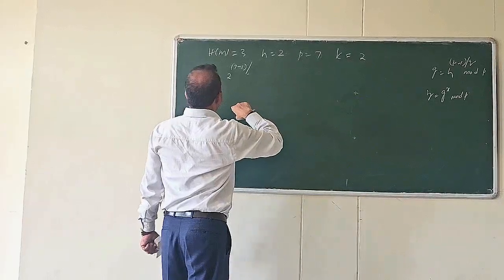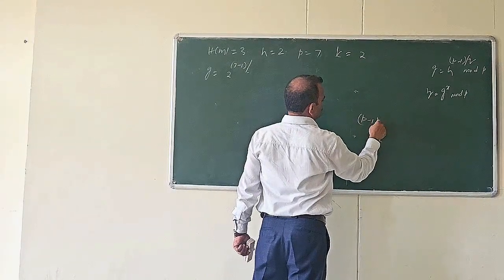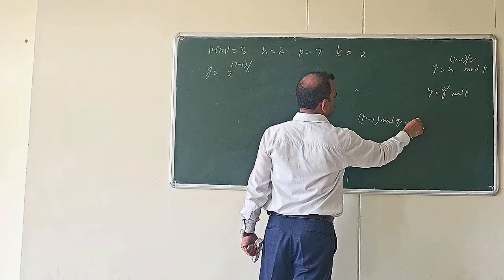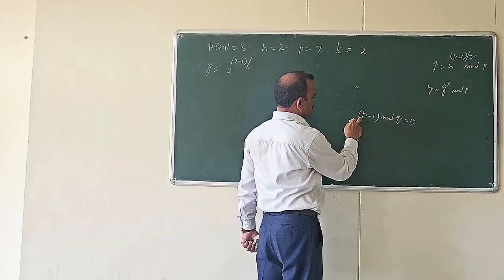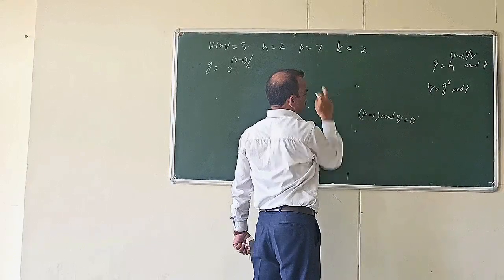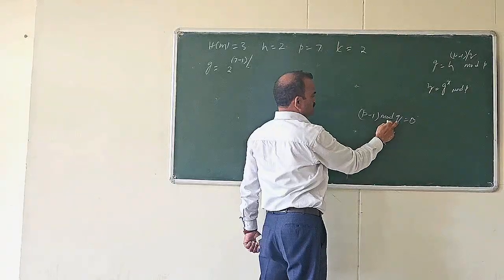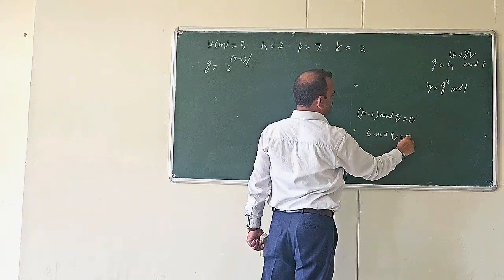What is the value of q? p minus 1 mod q equal to 0. P equal to 7 we considered earlier. 7 minus 1 is 6. 6 mod q equal to 0.